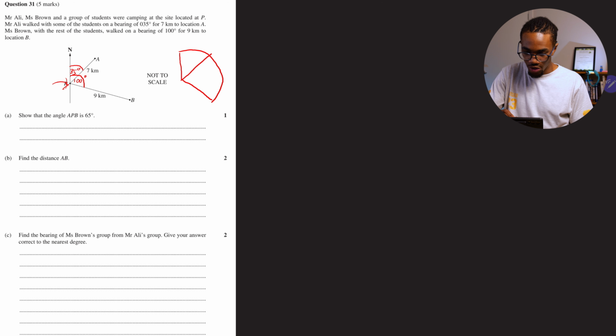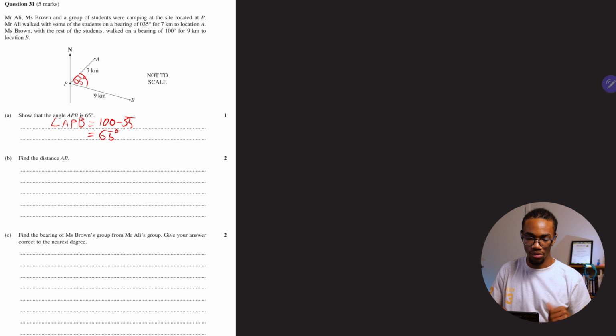And we knew that there were 35 slices in here. How many are in here? Obviously 65. So we say angle APB is equal to 100 minus 35, and that equals 65 degrees.